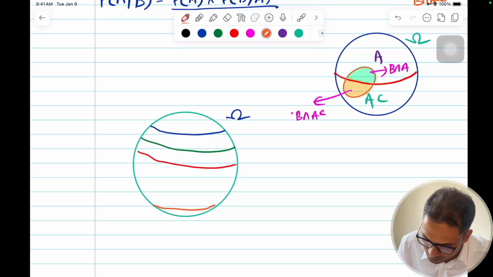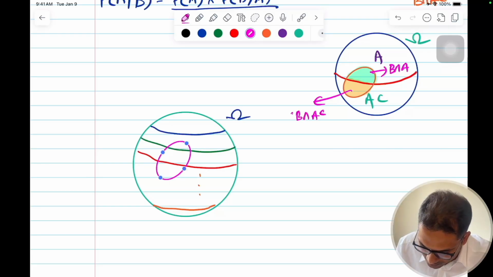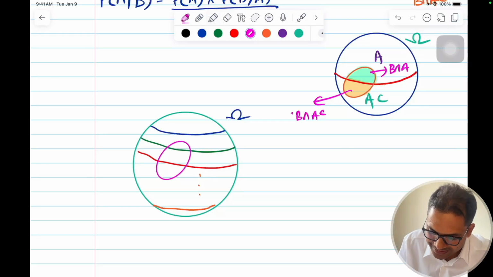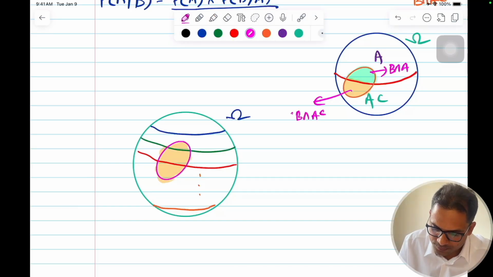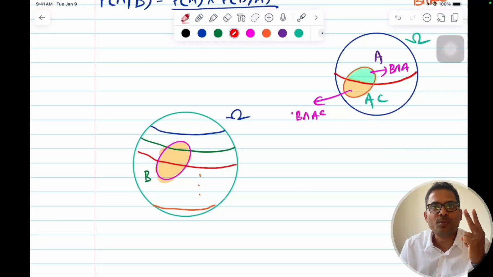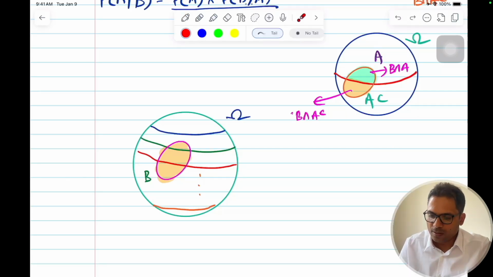Okay, and somewhere in the middle there is our B. And now instead of dividing the sample space into two parts, A and A complement, I'm dividing into n such parts.